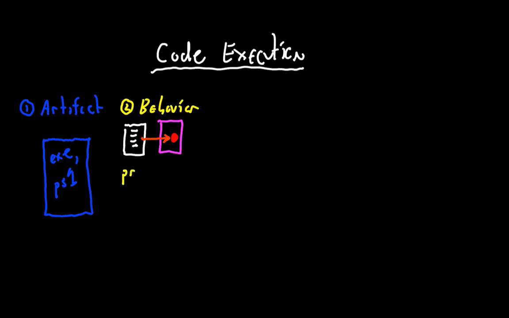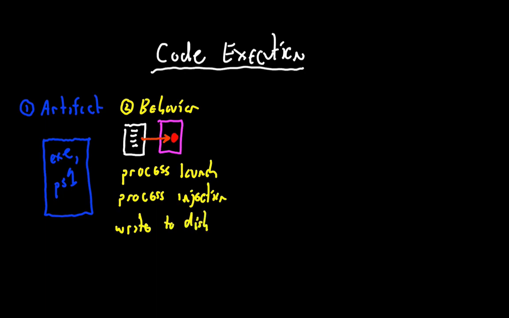Specifically, the process launch is a detection opportunity, and so is the process injection. Another common detection opportunity is writing a file to disk as well. So be aware that the behavior of your artifact, the steps it carries out to get your payload into memory, are detection opportunities. And when you're crafting a code execution strategy, this is something you have to think about and consider.